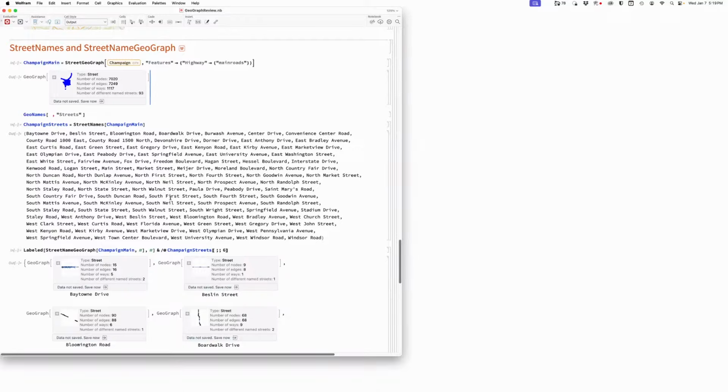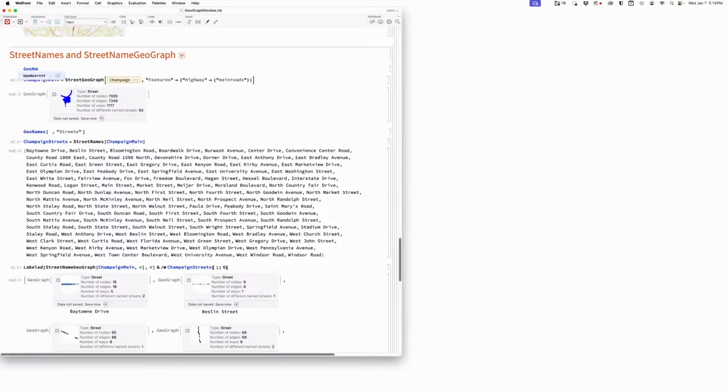Okay, but we have GeoNearest, which also needs to dovetail with all of this. It's volcano, comma, here.